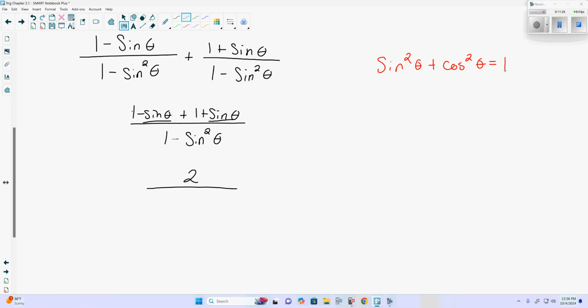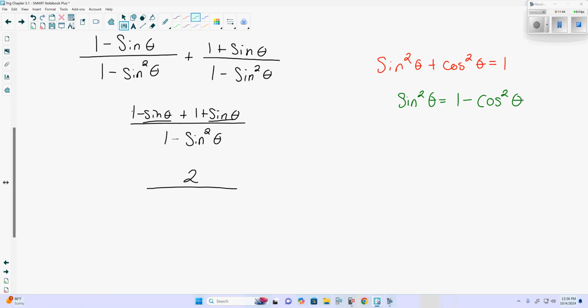We've used it as sine squared of theta is equal to 1 minus cosine squared. So if we get 1 minus cosine squared in one of the formulas, I can replace it with sine squared.